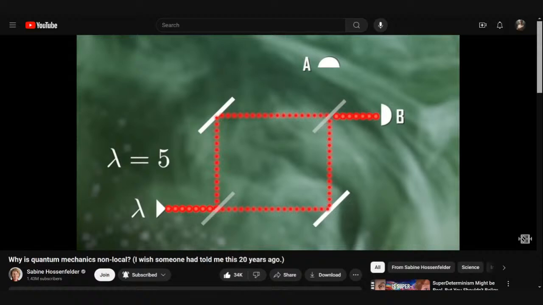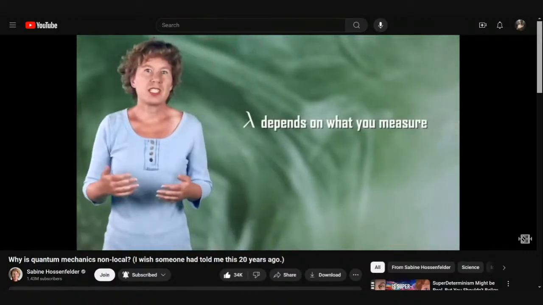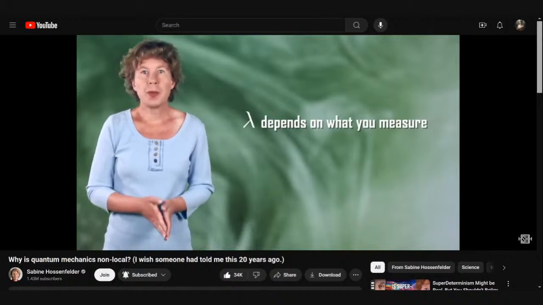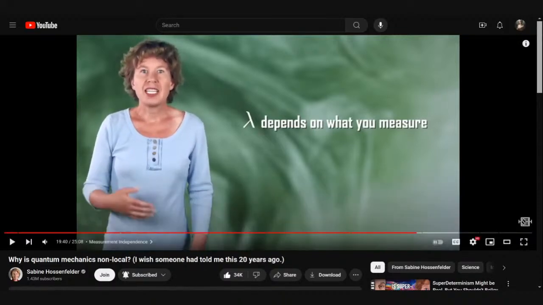The photon behaves like a wave and goes only into detector B. Problem solved. It's local because the photon goes on one continuous path into the detector where it's measured. For this to work, the value of the hidden variable that determines what the photon does must depend on what you measure. At this point, I'm not following her.